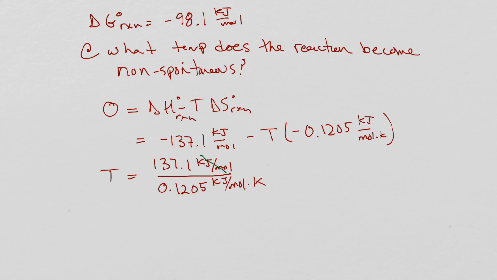Of course, my kilojoules per mole cancel out, and my units here are going to end up in Kelvin. So if I do this, we get that T equals approximately 1,141 Kelvin, and that's where our reaction would become non-spontaneous, right?